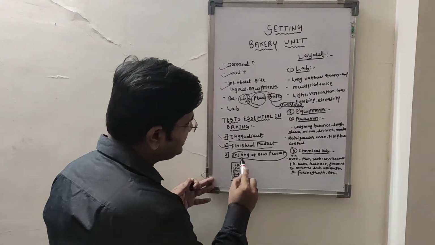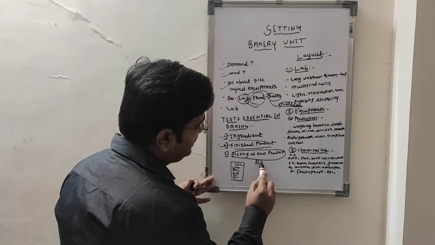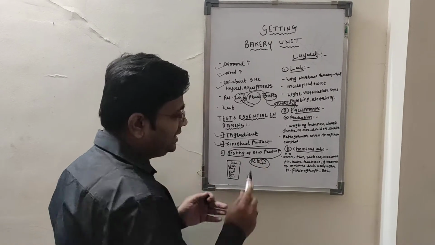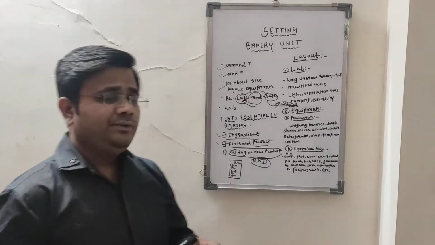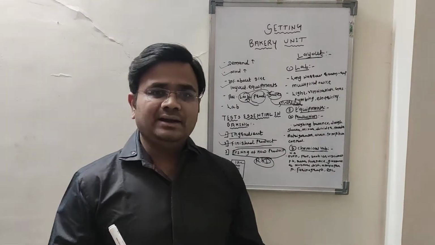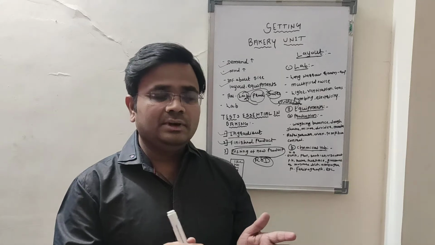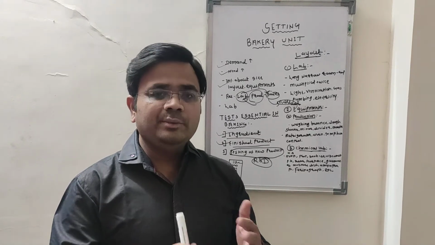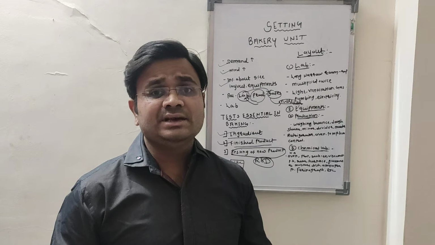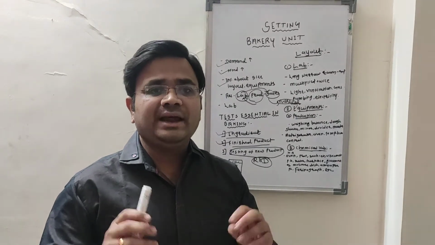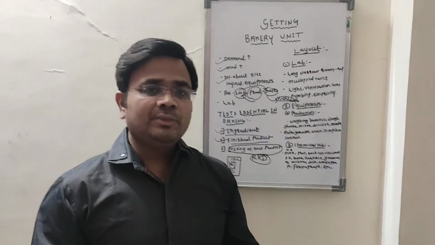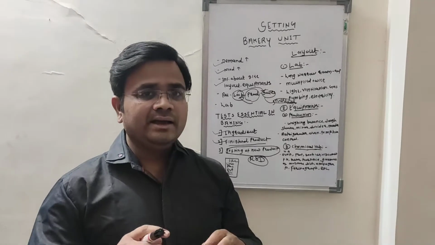Testing of new product is where you require an R&D, that is research and development, lab. If you are going to produce a new product, then you must have a certain unit of 4-5 members who are continuously working on research and development. Research and development activities are of 2-3 types.